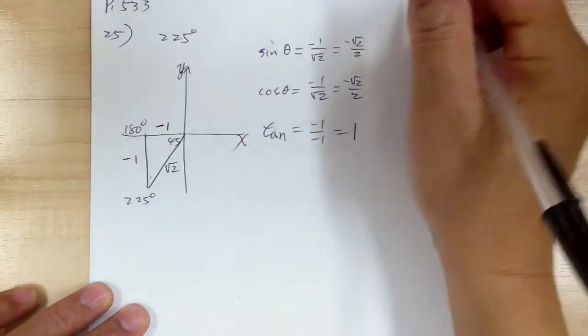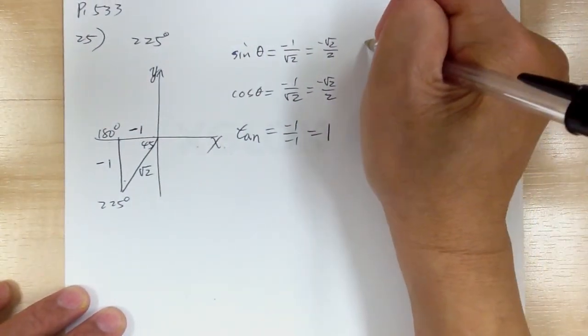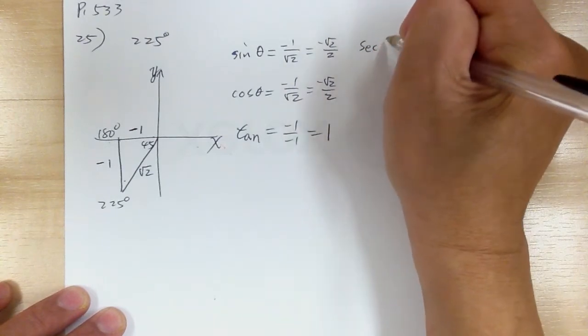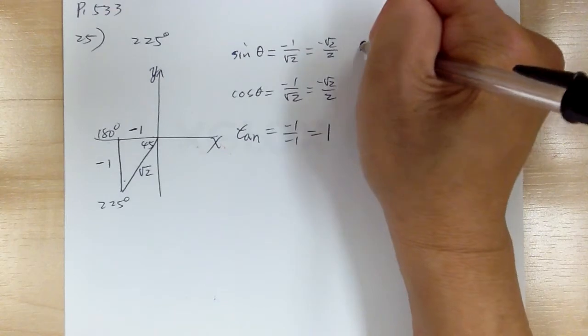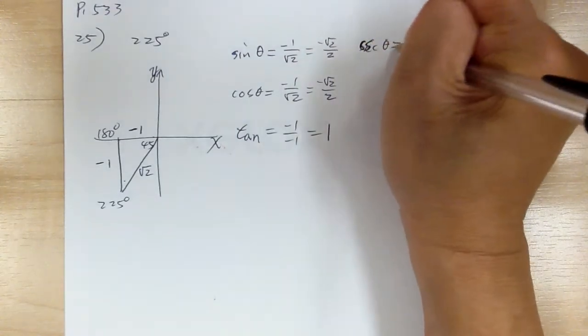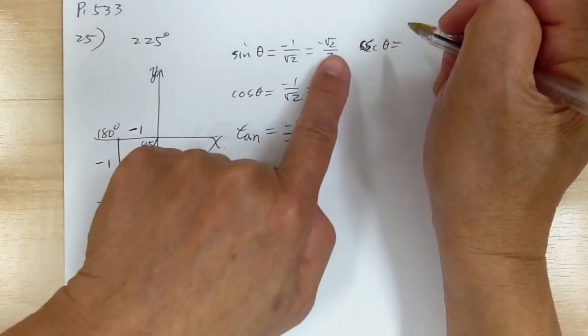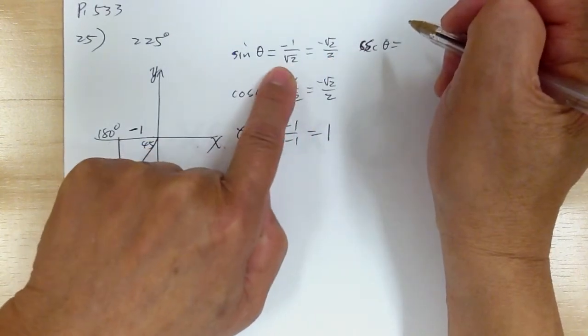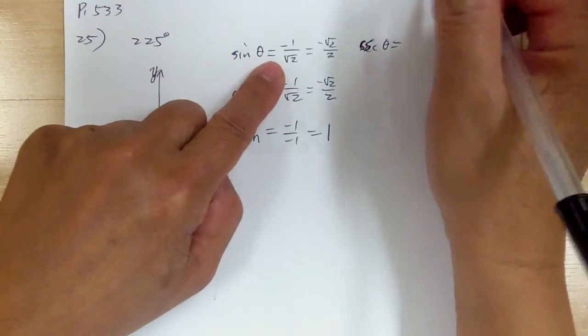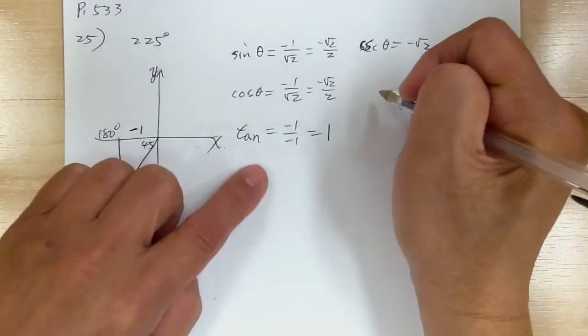So once you find the sine, you can find the cosecant. So sine, you get cosecant, and you just flip it upside down. Now, you don't want to flip this one, because if you flip this one, you have to simplify. So you flip this one instead. So once you flip it over, then you get negative square root of 2. Okay?